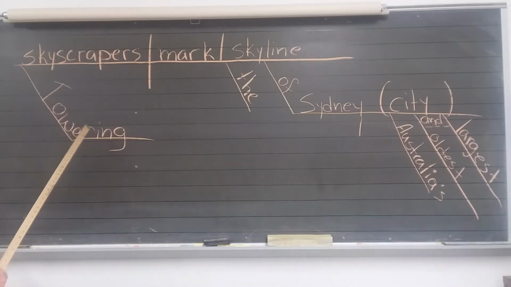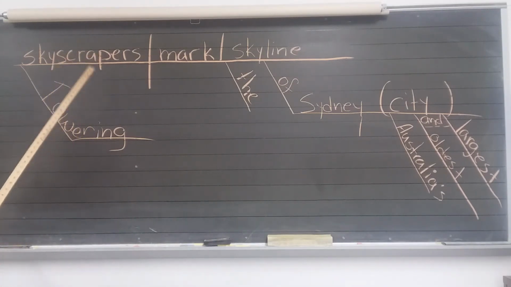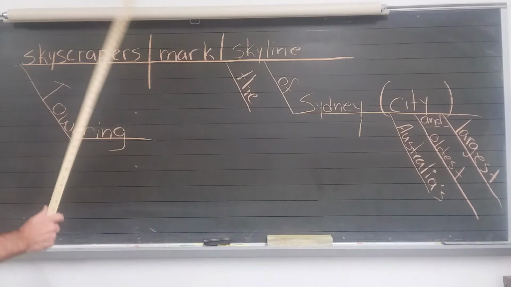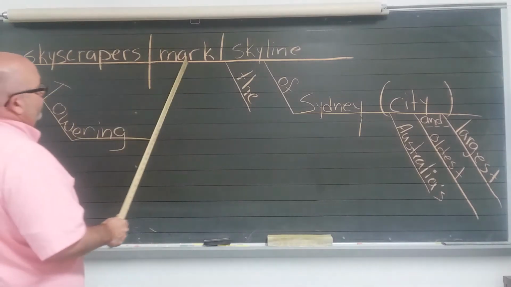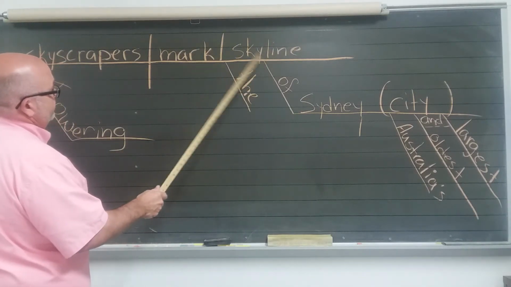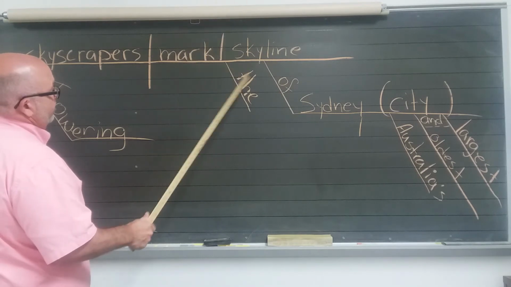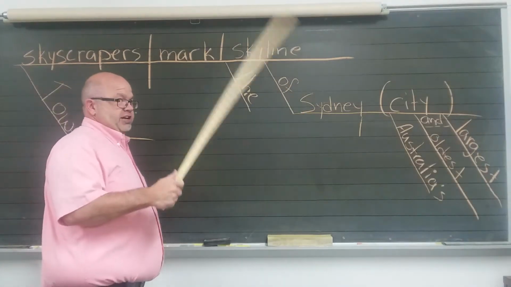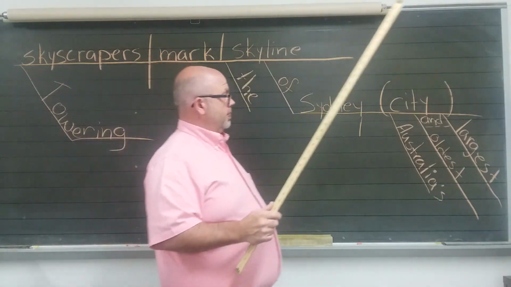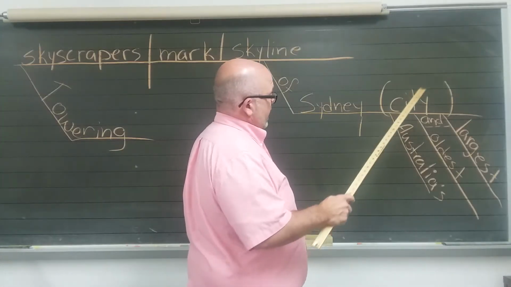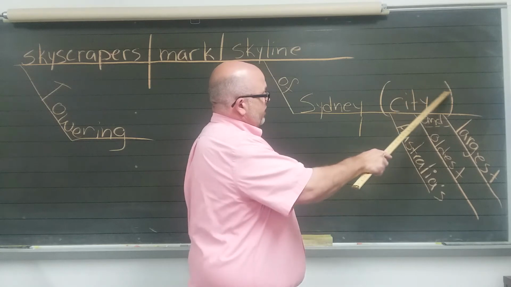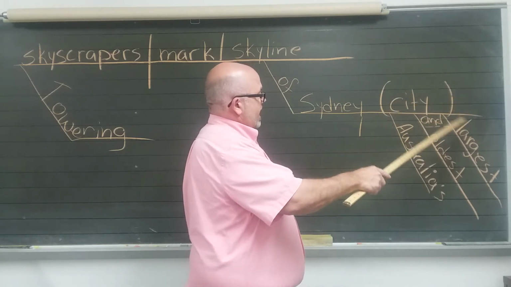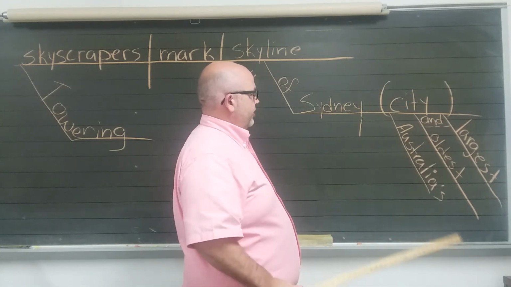So towering skyscrapers is your subject. Mark, the verb, skyline, direct object. The skyline of Sydney. And then you have an appositive, city. And the adjectives are under city.